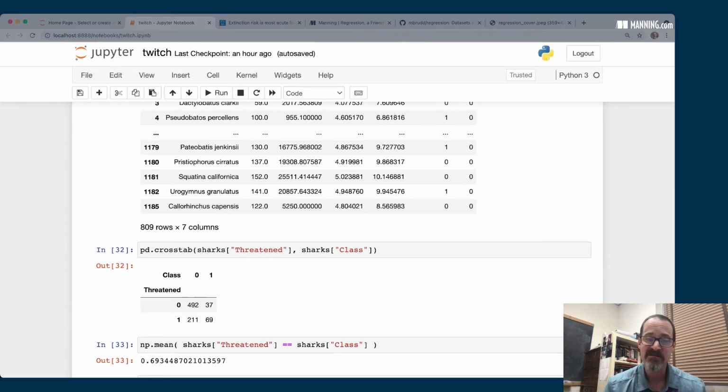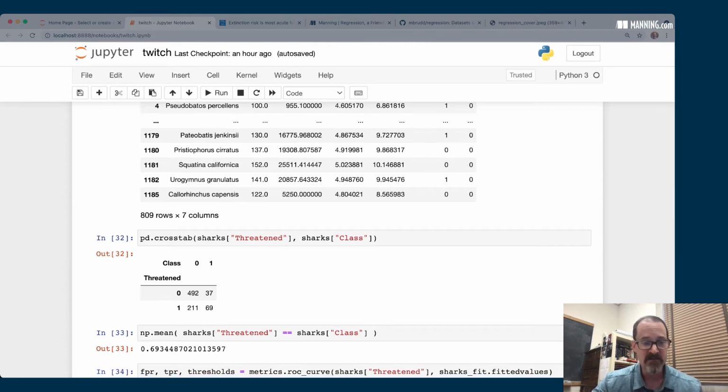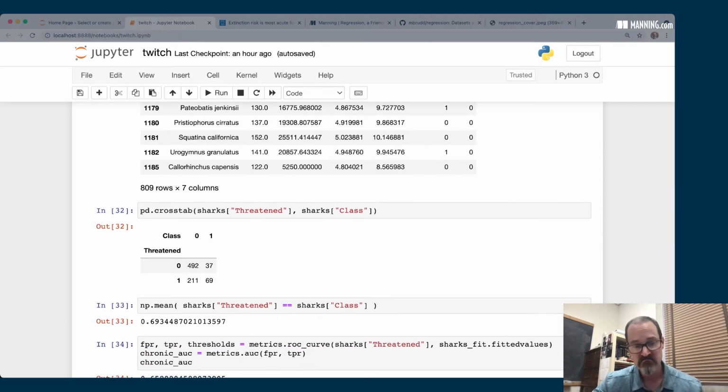In this case, you have a bunch of false negatives, and that's bad because then you're saying these fish aren't threatened when they are. So that 211 in the bottom left corner is really the most concerning part of this table. Having said that, the accuracy rate is about 69%. So not terrible, but not great.